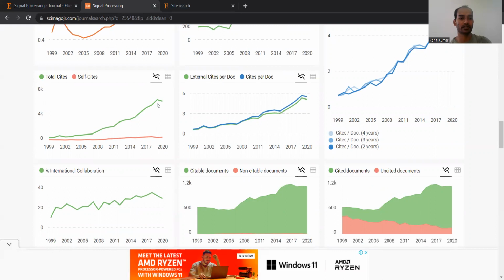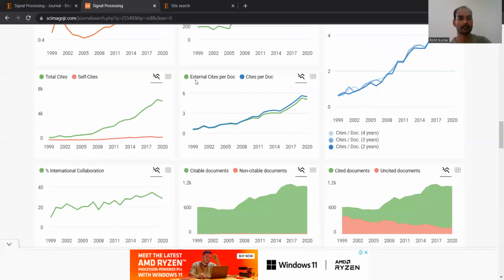This gap was growing distant, but in 2020 it came closer. So I think in 2020 self citations were a bit more in comparison to 2019, and that's not a good sign. Additionally, these two graph lines are not mapping exactly, which means the self citations are more.